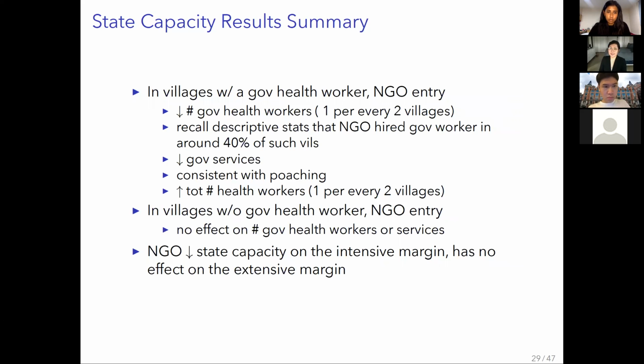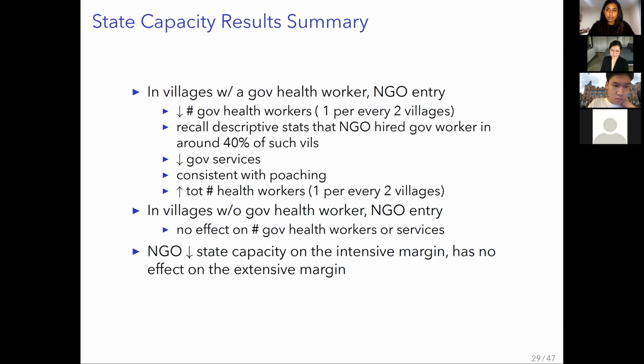In the descriptive statistics, we actually see that in these villages, 40% of the time, the NGO just hires a former government health worker. So there's an increase in the total number of health workers because the number of NGO health workers increases more than the decline in the government health workers.